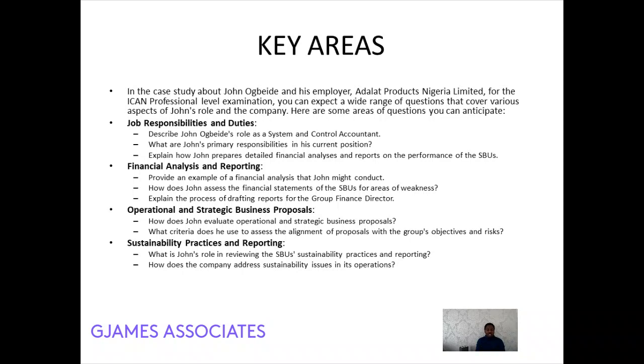On the operational and strategic business proposal, how does John evaluate operational and strategic business proposal? What criteria does he use to assess alignment of the proposal with the group's objective and risk?